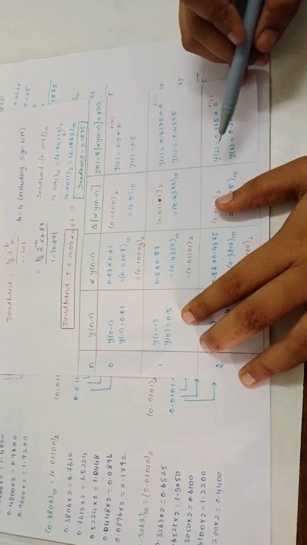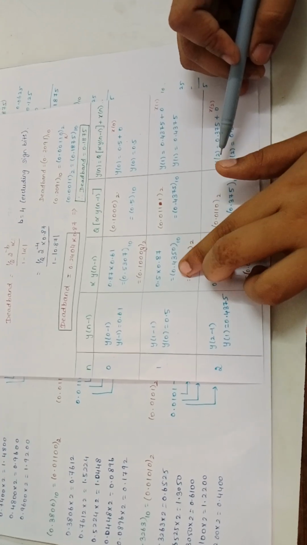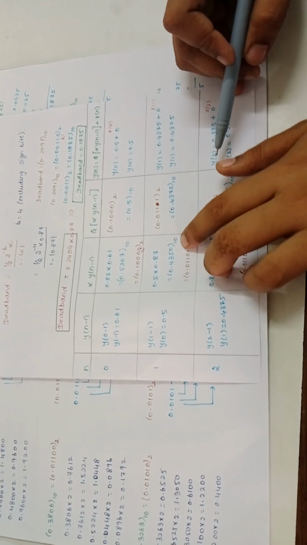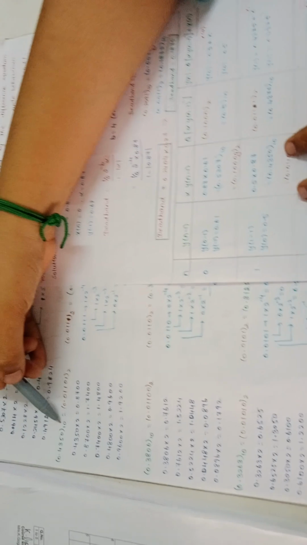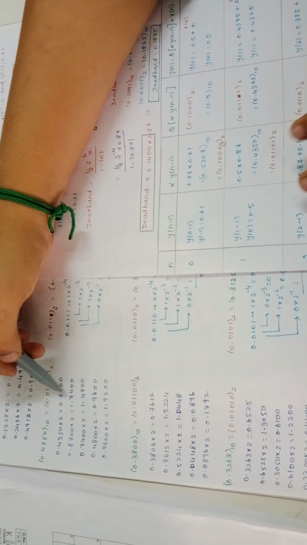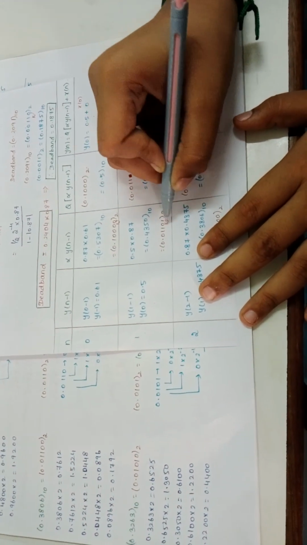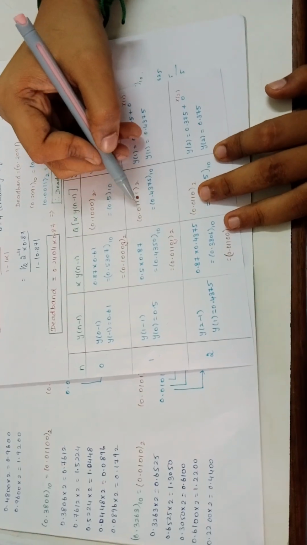We consider it as 0.5, and multiplying it with alpha, we get 0.4350. Again it is a decimal, so we have to convert this decimal value into binary. We do this for five steps, and then we round off. Rounding off means adding this 1 to 0, and you will get 0.0111.